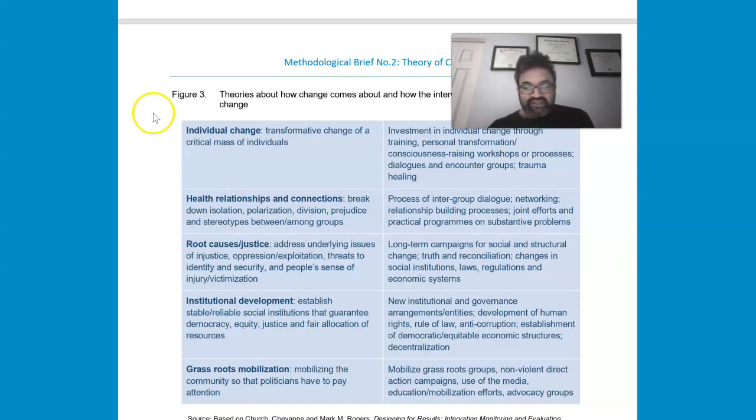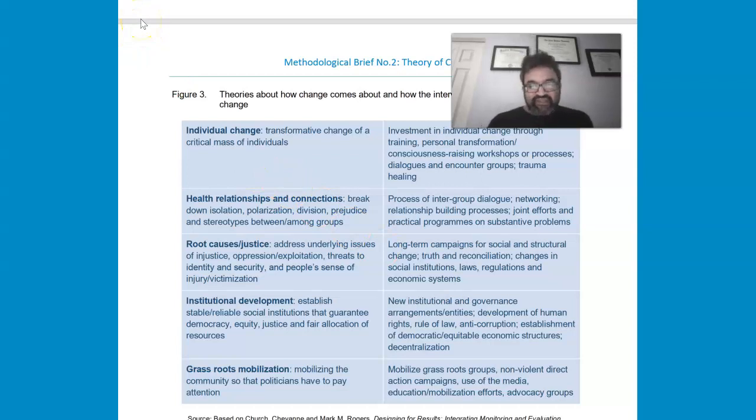These are the types of interventions. So again, on the right, these are the interventions for the theories of change, or the types of change. So if we're talking about institutional development, it's important to establish stability and reliable social institutions that guarantee not only democracy, but equity, justice, and fair allocation of resources.